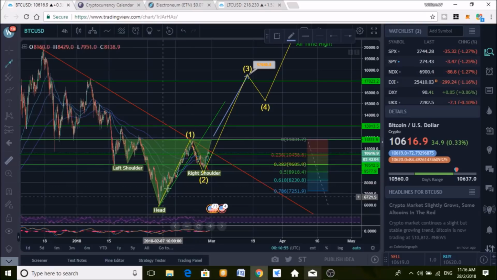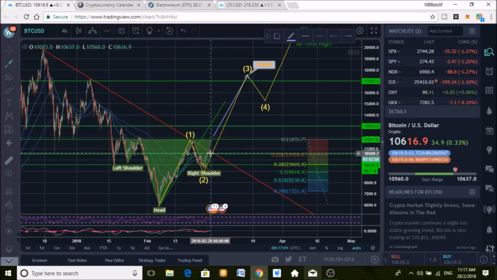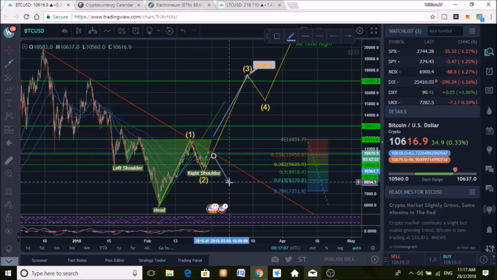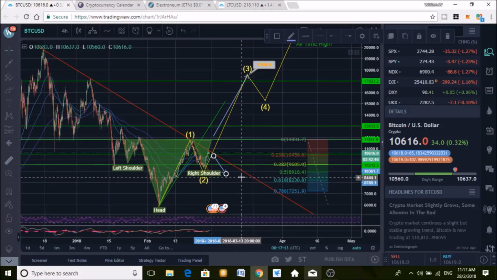So this will be a 1, 2, 3, 4, 5, A, B, C correction, and our C would end around this range. So we'll be between the 0.618 to 0.5 Fibonacci level, which is between $8,200 to $8,900.